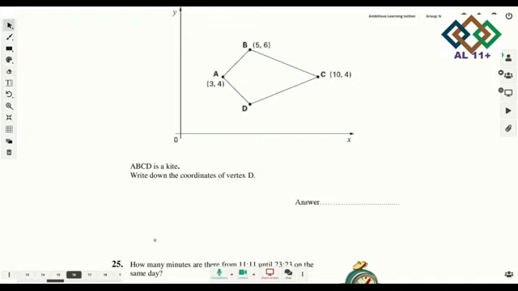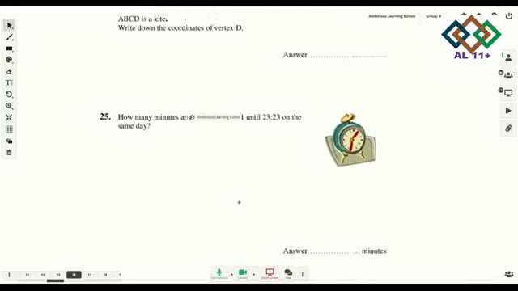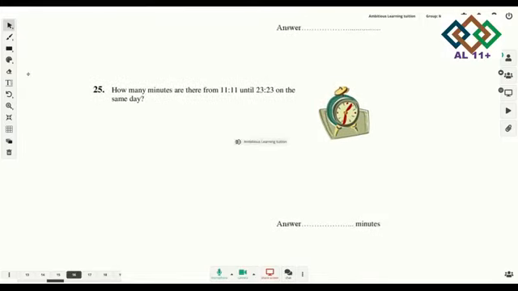25 now. Basically, they're asking how many minutes are there from 11:11 until 23:23 on the same day. So let me just write down here. This is an easy one and everybody gets confused with this one.